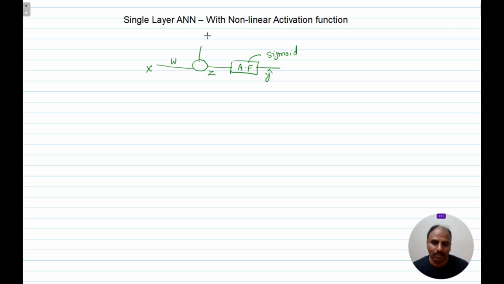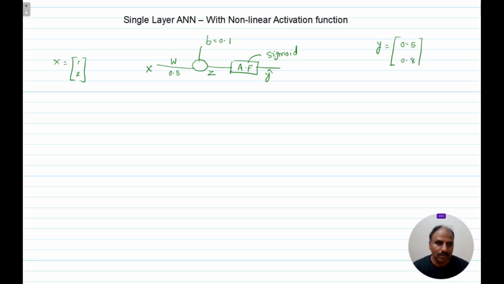Here the x values we can take as 1 and 2, and w we can make fixed, that is 0.5, and bias we can make 0.1. Then the expected outputs are 0.5 and 0.8.